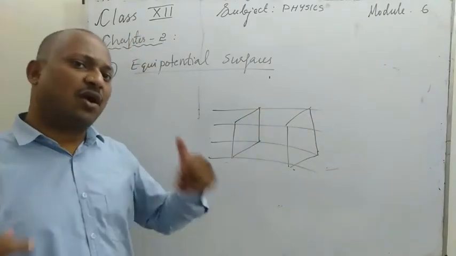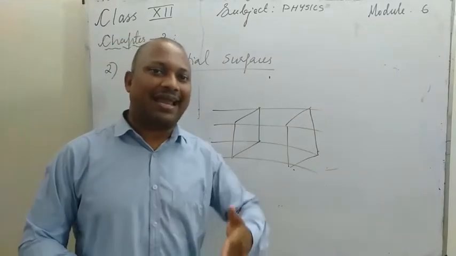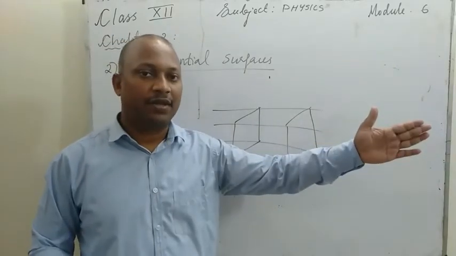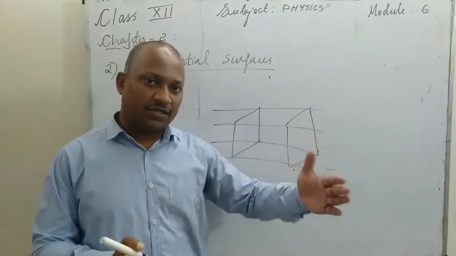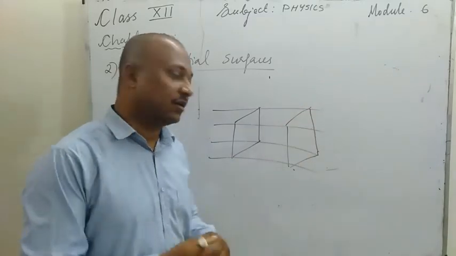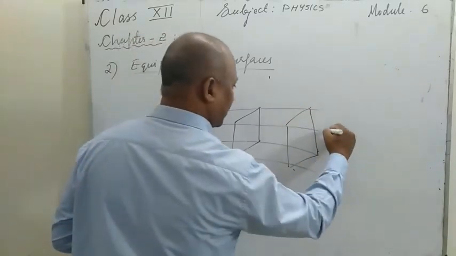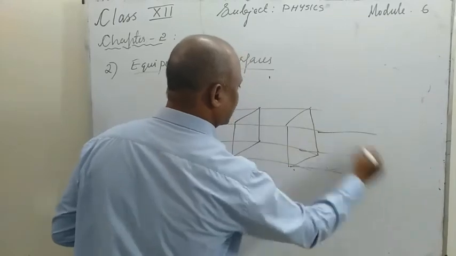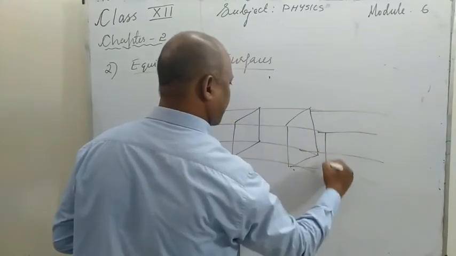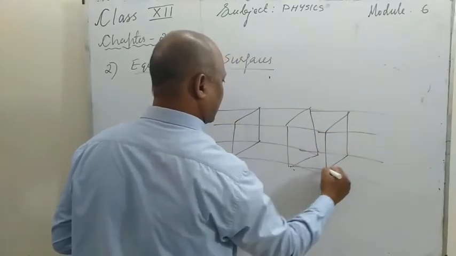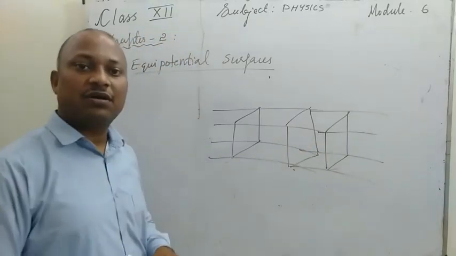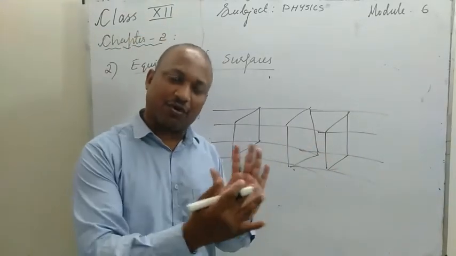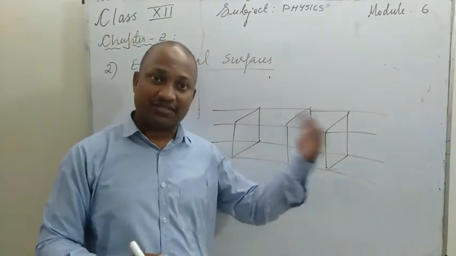But if it is a non-uniform electric field, meaning there is an increasing electric field, then you must place more sheets, and the sheets will be more closely spaced. So here the equipotential surfaces are closer, because the electric field is increasing.